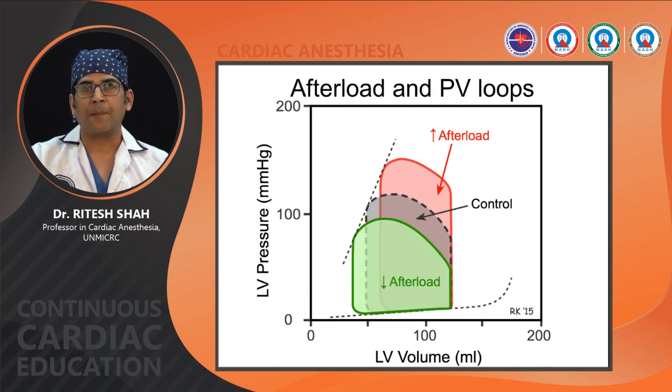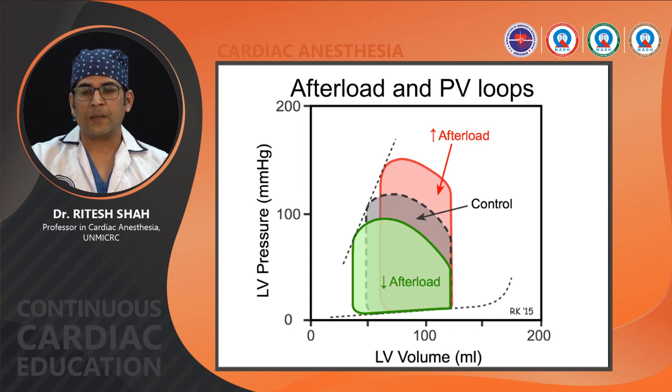So what happens when afterload is changing and there is no change in the preload or contractility? When afterload is increased, the LV has to work harder and the isovolumic contraction phase prolongs, as the LV needs higher pressure to open the aortic valve because of the elevated aortic diastolic pressure.